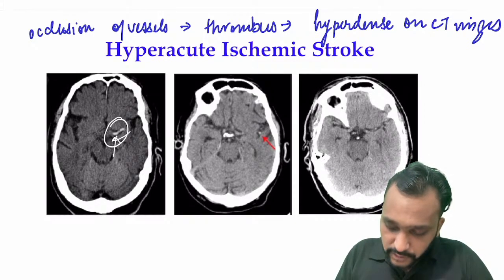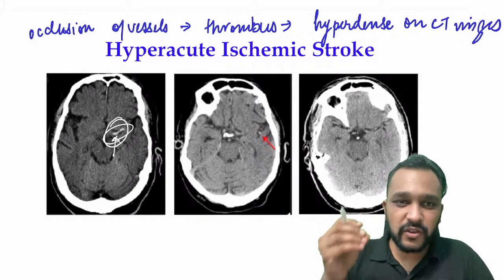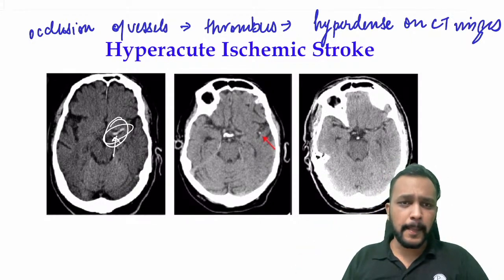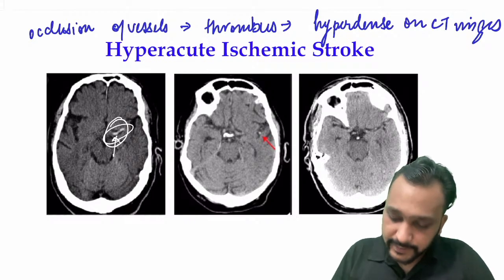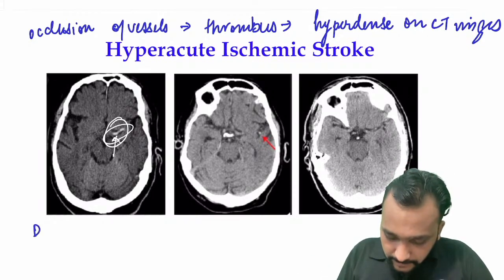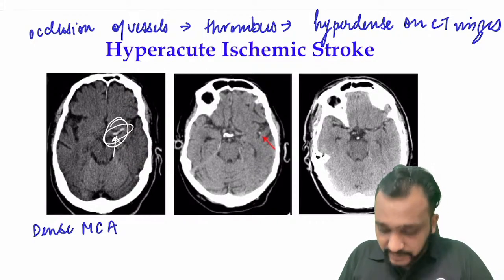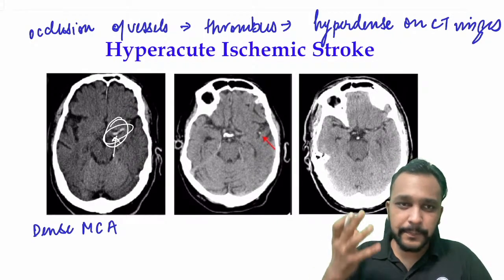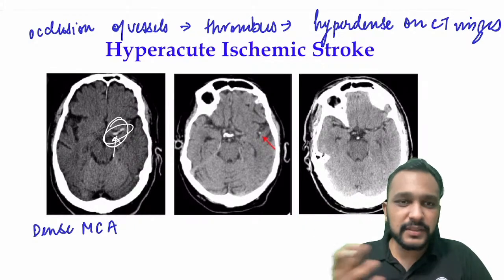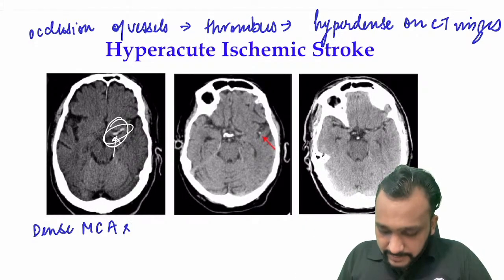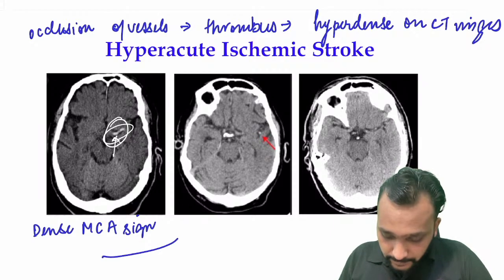So this is where your MCA travels, the M1 segment of the middle cerebral artery in the Sylvian fissure, and this is going to appear bright, and we give this name as dense MCA sign. When the M1 segment of the middle cerebral artery appears bright because of the thrombus within it, we call it dense MCA sign.